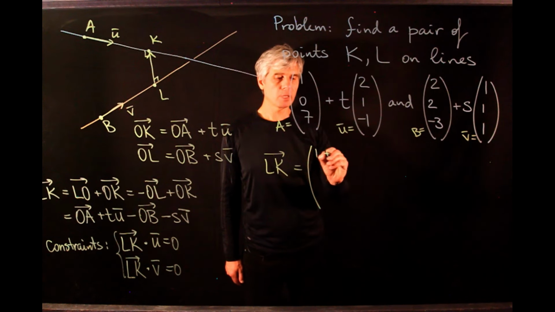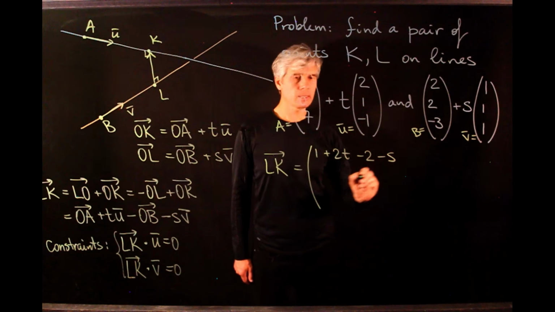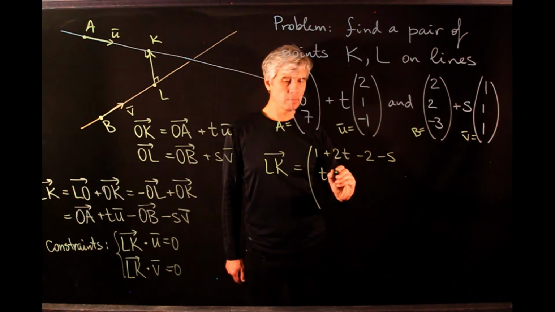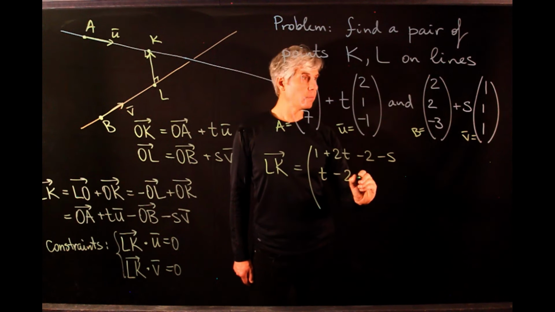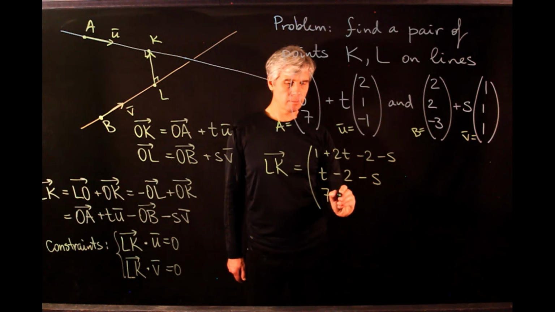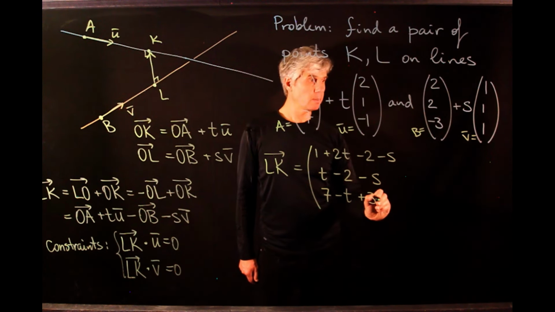It's 1 plus 2t minus 2 minus s, then 0 plus t minus 2 minus s, and 7 minus t plus 3 minus s.